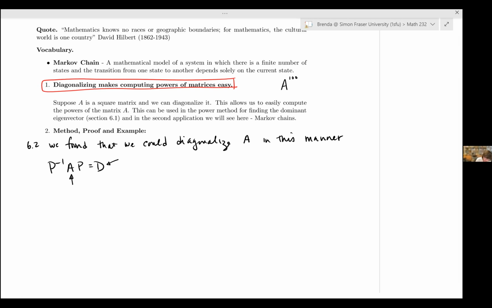Now let's take this equation, P to the -1 AP equals D, and let's multiply both sides by P on the left. So I've multiplied here on the left by P and here on the left by P. Then this combination here is I. So that leaves me with AP equals PD. And then I'm going to multiply on the right by P inverse.